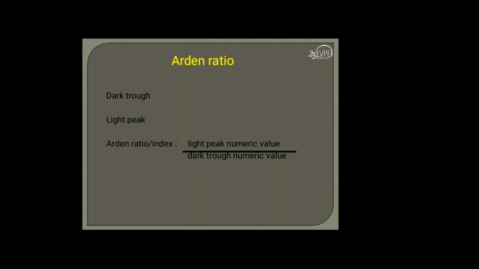Whichever point your light peak is made and whichever dark trough apex is made, you have to calculate between these two, and that is what is known as the RN ratio. The RN ratio is the ratio between your maximum peak and the minimum height of your test result.